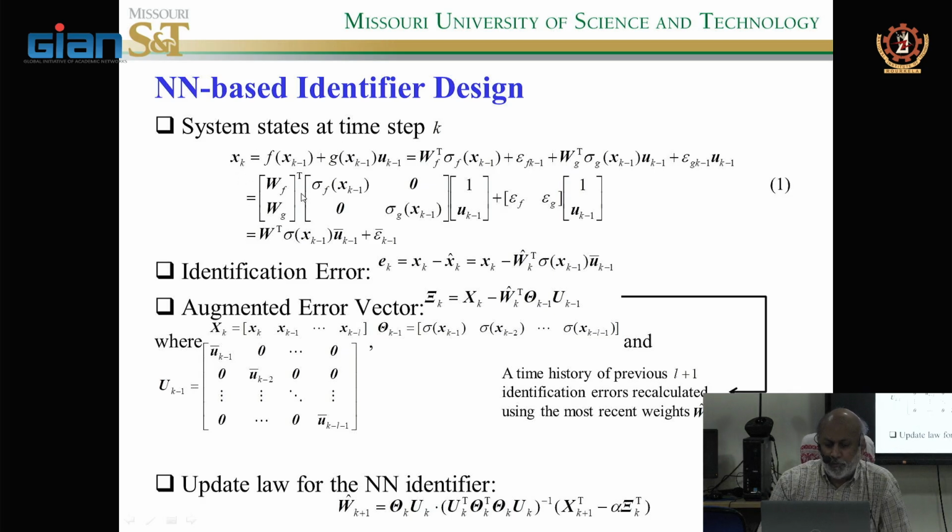and what I'm doing is I'm using one neural network to approximate both F and G, and then I'm defining an identification error, which is the measured state versus the estimated state, and then I'm using history. Here also I'm using history. Look at that. Okay? So this is what is called data-driven control. So all these Chinese guys, they write a lot of papers.